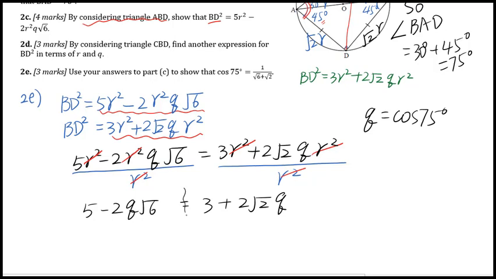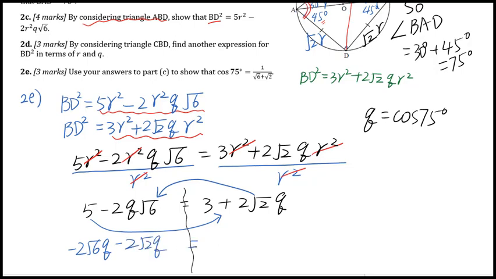This is a linear equation, so we need to isolate the variable on one side. Put all q to the left side and the numbers to the other side. So you get negative 2 square root of 6q minus 2 square root of 2q equals negative 5 plus 3.